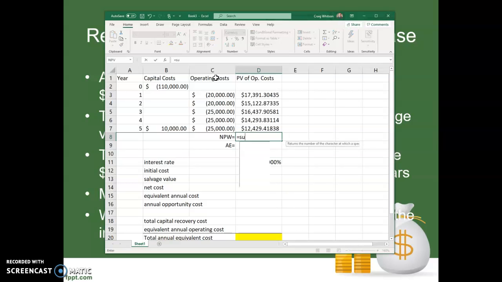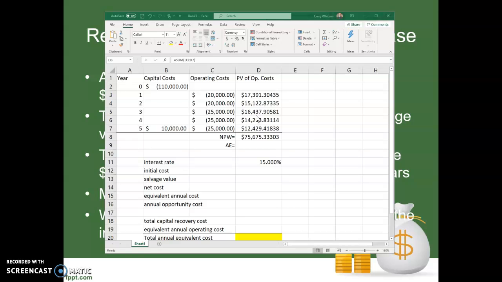So this is equal to the sum of this column. And so what that gives us is what we call the net present worth or net present value. So we add up the total present value of the operating costs and then spread that back out over 5 years.